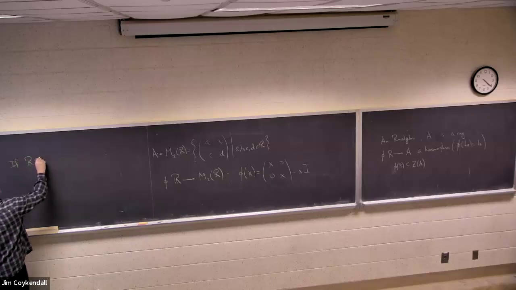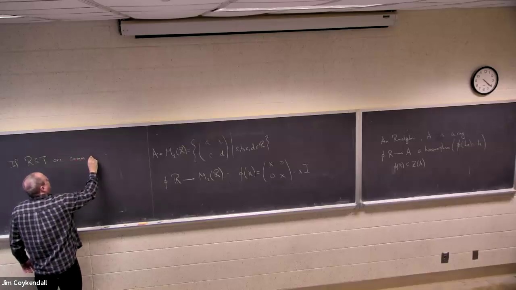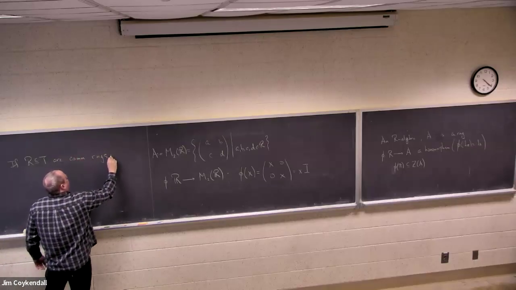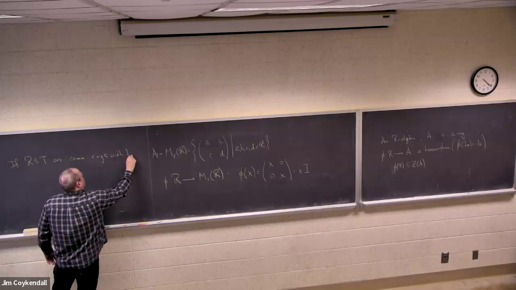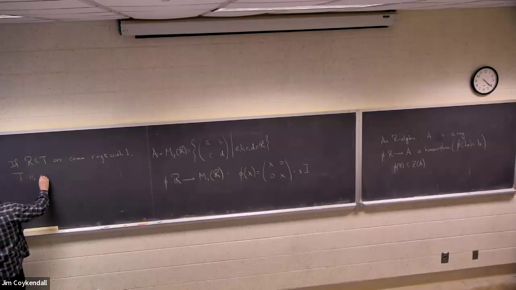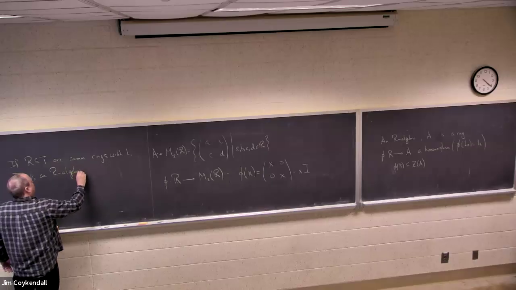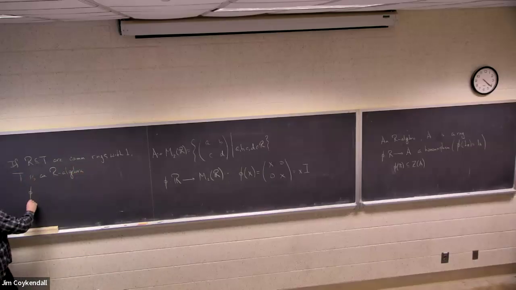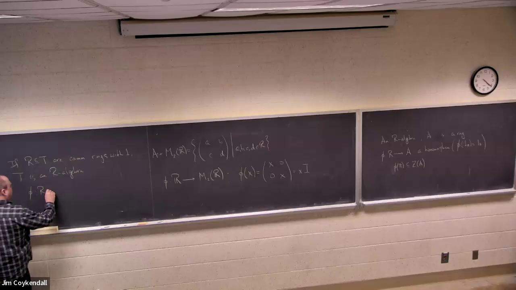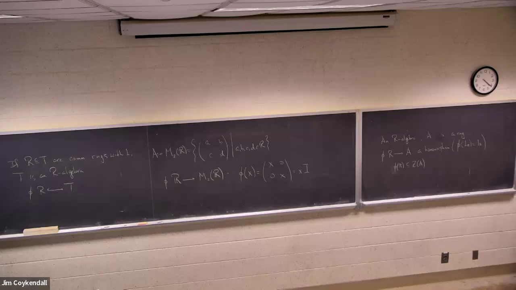If R is a commutative ring with 1, T is always an R algebra. And the homomorphism is just a good thing. If we realize R as a subring of T, this inclusion does everything.